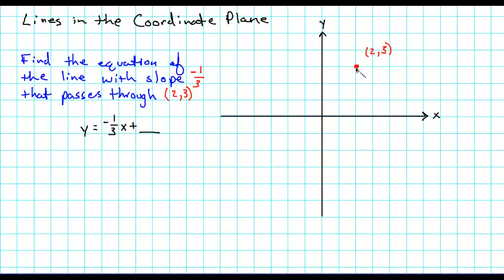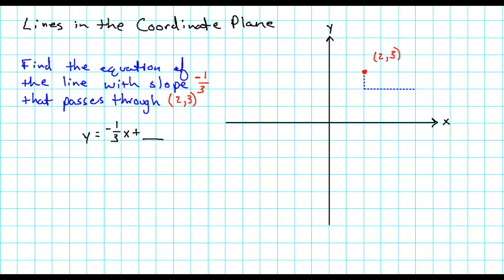Just like we've been doing, I'm going to go down 1, right? And I'm going to go right 3. Just like that. And right there, I'm going to put another point. Doesn't really matter what the point is, right? Because I'm practically done with this problem.